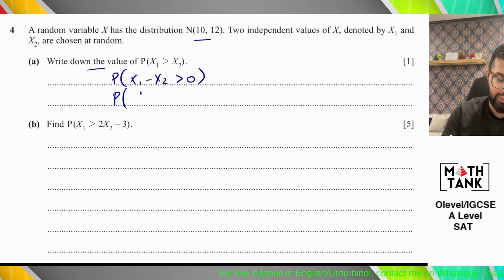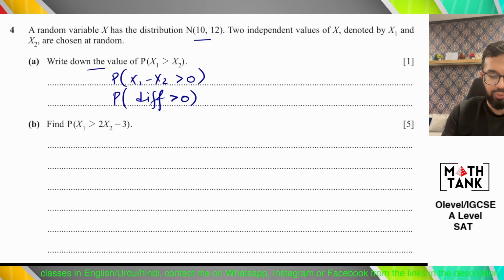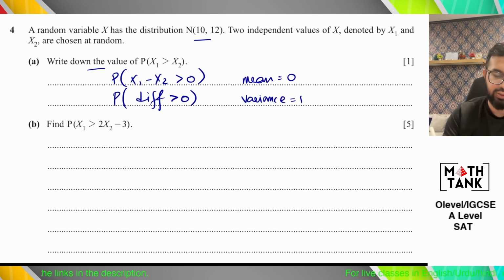Oh, sorry, difference is greater than 0. Okay, the probability should probably just be 0.5, I think, because the mean is going to be 0 and the variance is going to be 12 plus 12, which is 24.